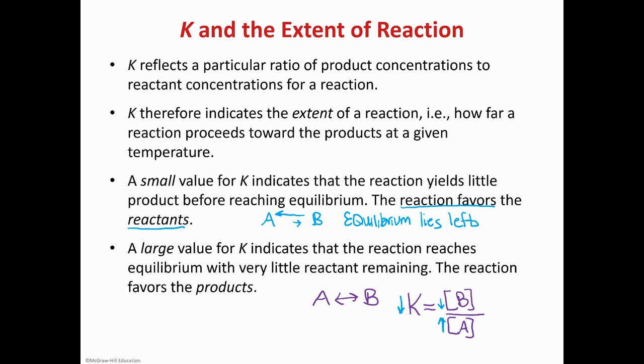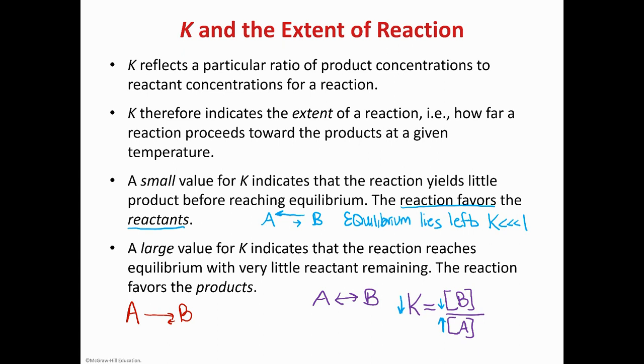Now, the other thing is, I'll write it here then, that K in this example is much less than 1 because it's small, right? And so this is an example of where the equilibrium lies left. Now you could have a process, I guess I'll use a different color, where you have A go to B, but the reverse reaction is not very strong.